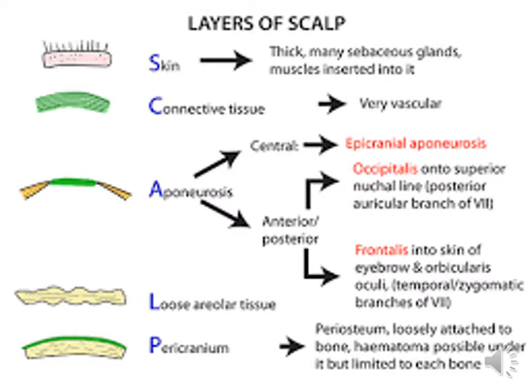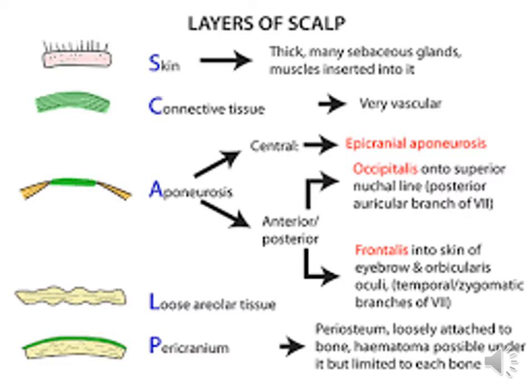As you see in this diagram, the first layer of the scalp is skin, thick, with many sebaceous glands and muscles inserted in it. The muscles of facial expression within the orbit have insertion into the skin of the forehead, and posteriorly the muscles of the neck can insert or originate from the layers of the scalp.